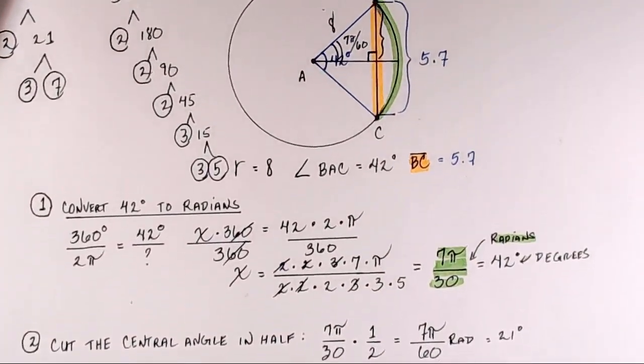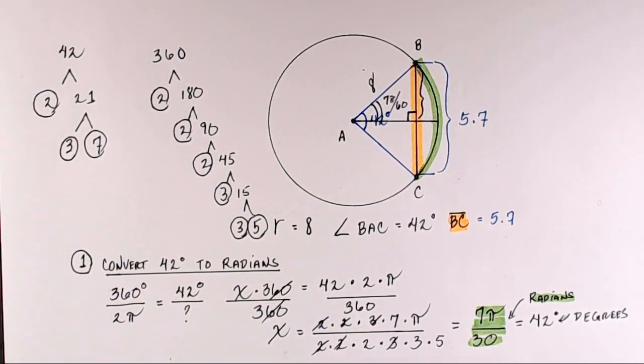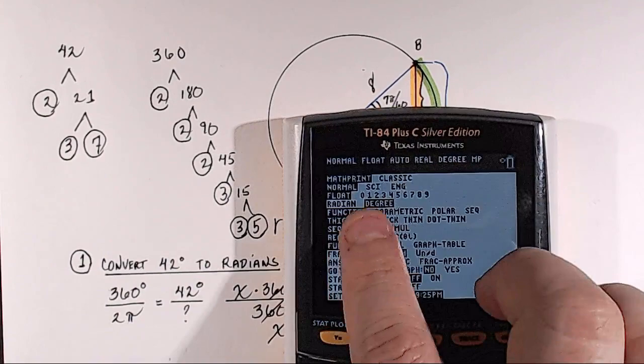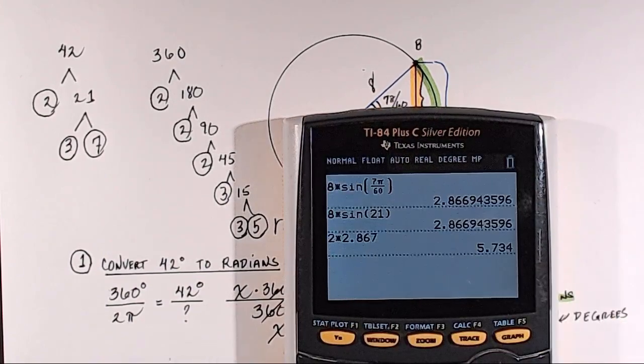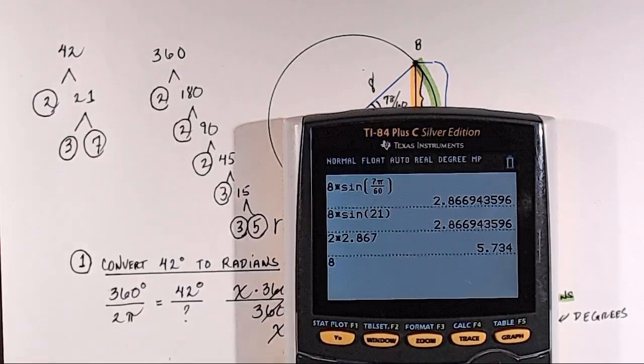Really, really quickly, if you have your calculator in degree mode and you know the central angle, think about what you're doing. You've got a central angle and you've got a radius. So first we're going to take half the central angle.